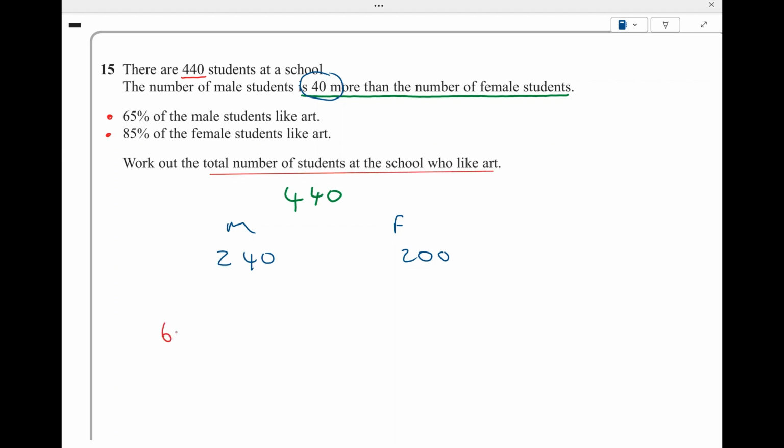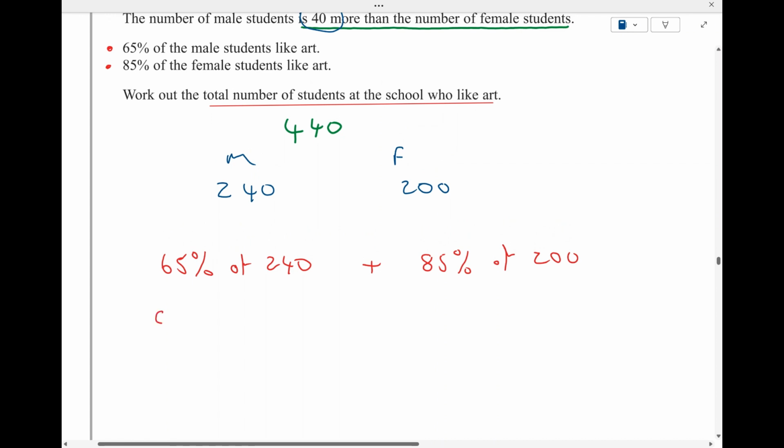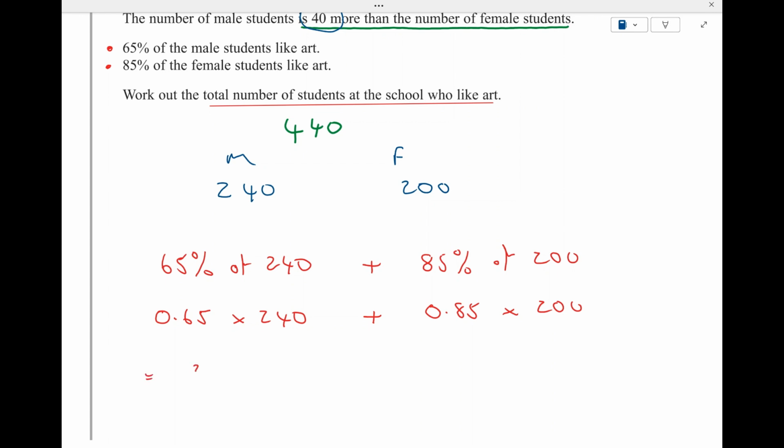Okay, so it's going to be 65% of 240 plus 85% of 200. In my calculator, 65% is 0.65, of means times, plus 85% is 0.85, of means times. 0.65 times 240 plus 0.85 times 200 gives me a total of 326 students who like art.